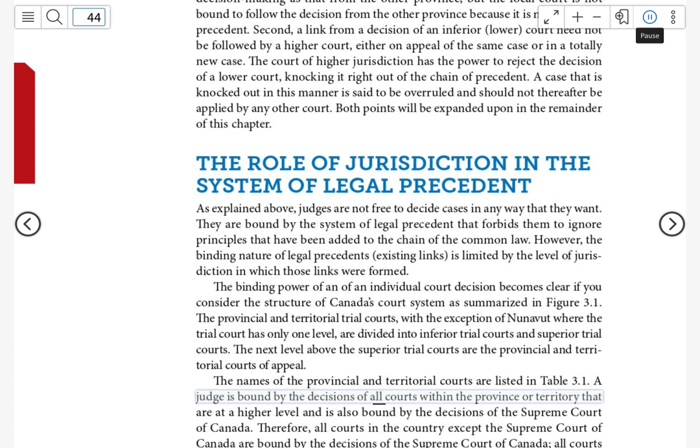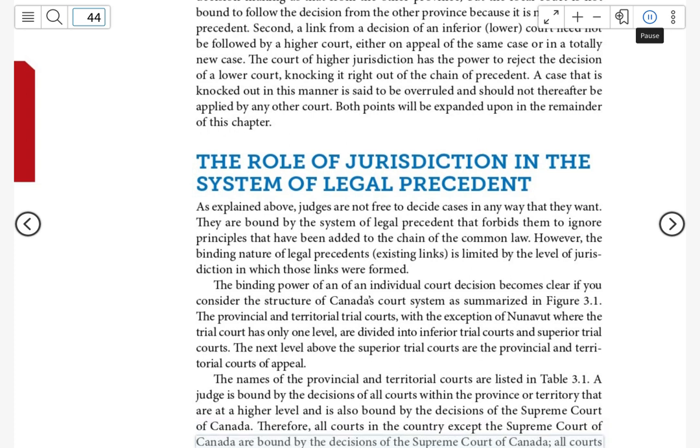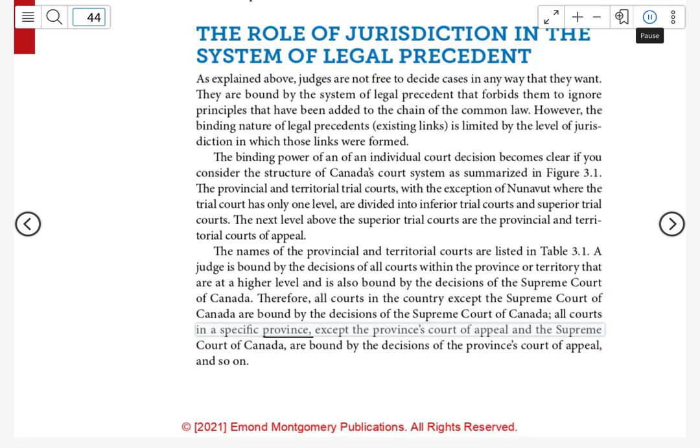A judge is bound by the decisions of all courts within the province or territory that are at a higher level and is also bound by the decisions of the Supreme Court of Canada. Therefore, all courts in the country except the Supreme Court of Canada are bound by the decisions of the Supreme Court of Canada. All courts in a specific province, except the province's Court of Appeal and the Supreme Court of Canada, are bound by the decisions of the province's Court of Appeal, and so on.